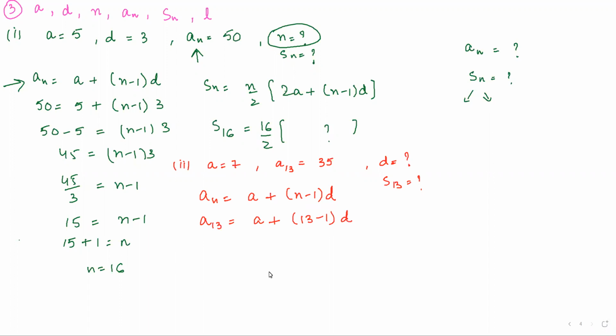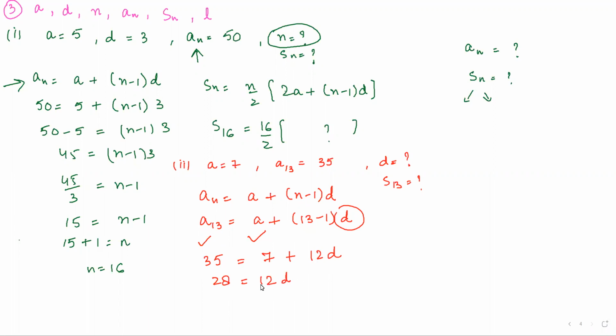Now a13 you know, a you know, only d you have to find from here. So a13 is 35, equal to a which is 7, plus 13 minus 1 is 12, into d. So you can find d from here. 35 minus 7, that becomes 28, is equal to 12 of d.